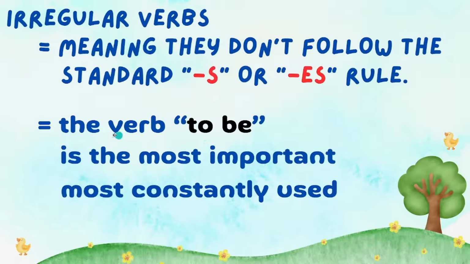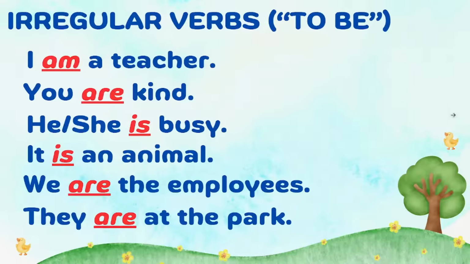The verb to be, or the be verb. To enlighten you more, everyone, let's have an example for the irregular verb to be.